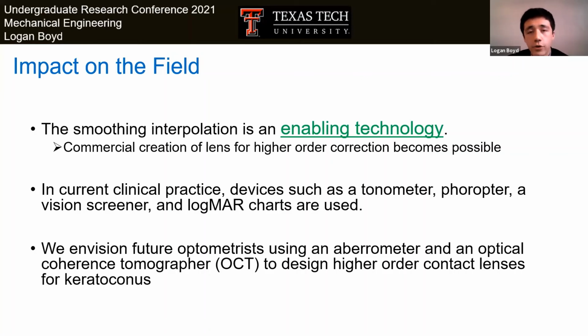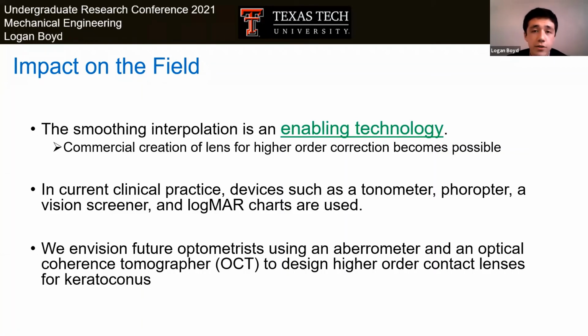Now, currently, if you go to your eye doctor, you will be diagnosed with an eye chart. Perhaps you will be matched with a contact lens that fits your eye as close as possible. But in the future, we envision that your eye doctor will use an aberrometer to measure your eye directly and create the front surface of a lens that can correct up to fourth order aberrations for your particular eye.